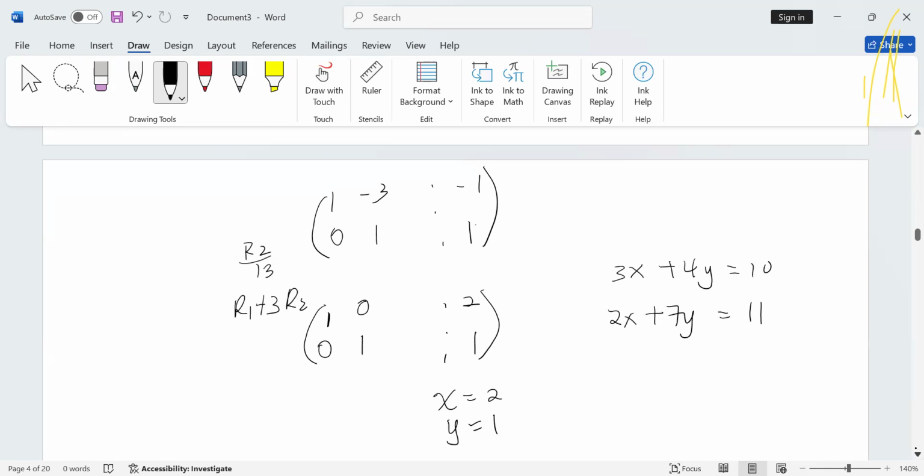If you put 2, that is 6. Put 1, 6 plus 4 is 10. Here, you put 2, 2 times 2 is 4, plus 7 times 1 is 7. 4 plus 7 is 11. So it satisfies that. It's a solution to it.